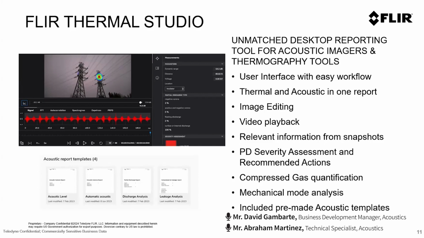And in the case of the mechanical mode, it will display the analysis. So all the results and all the parameters that you need to input are also integrated in the Thermal Studio. And this includes pre-made acoustic templates. So it's basically just a drag and drop. You select the snapshots that you want to integrate into the report, select the type of template that you want to use, and then you can proceed with consolidating the report or making any possible changes.